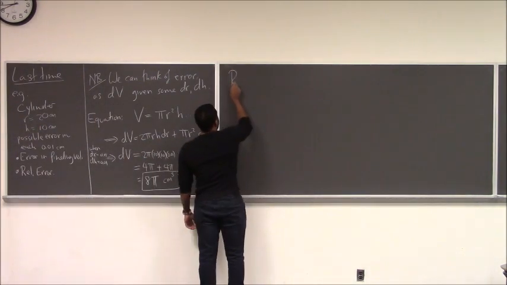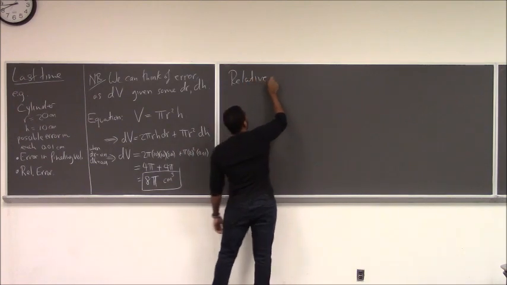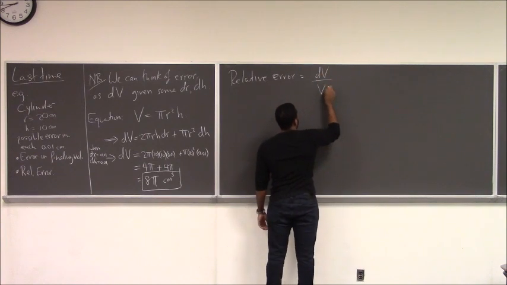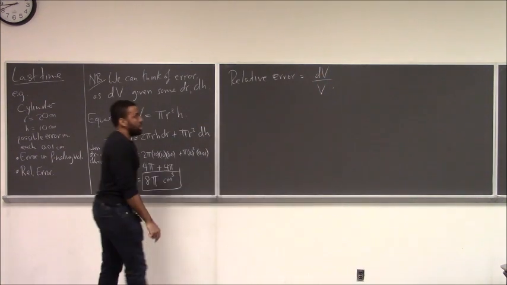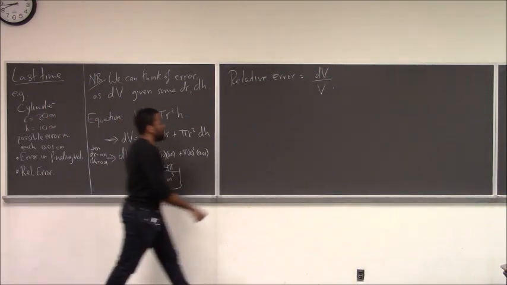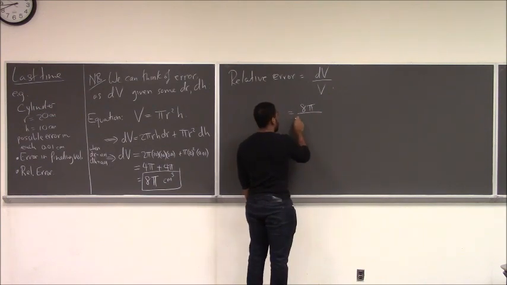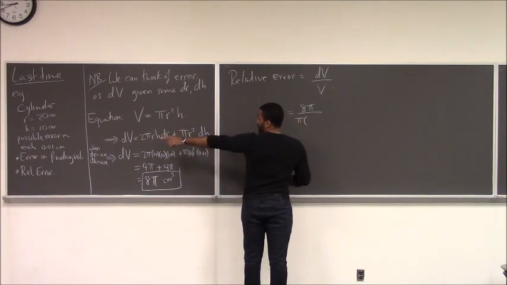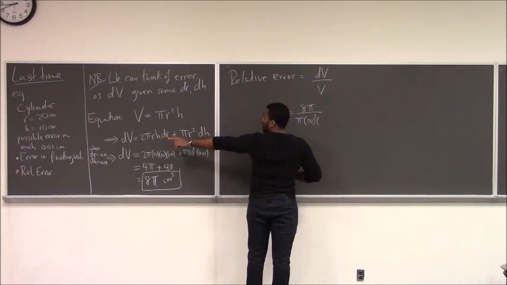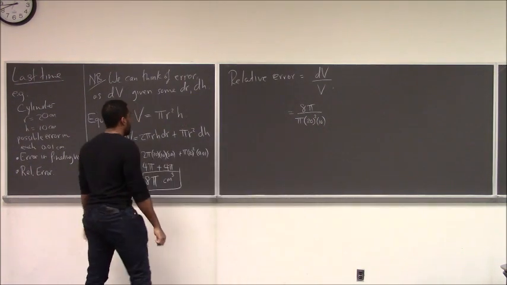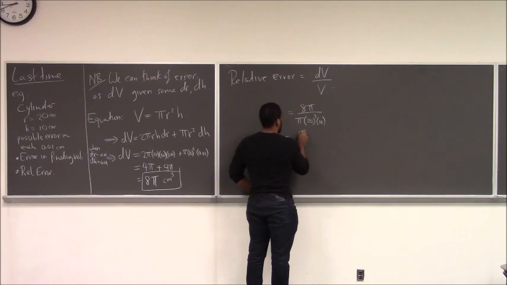And now if you want the relative error, this is kind of like a percentage error. That's going to be the change in volume over what the actual volume is. So you're looking at the change as a measure of the total. And so here, this is 8 pi divided by the actual volume, which is pi with the actual calculated numbers plugged in here. And that's going to be 400 times 10, that's 4,000.